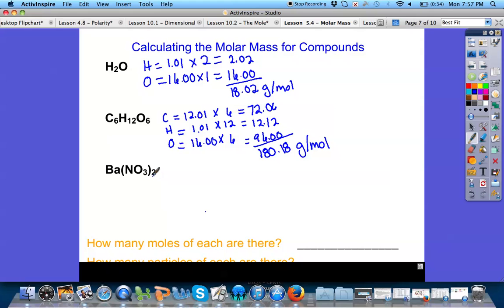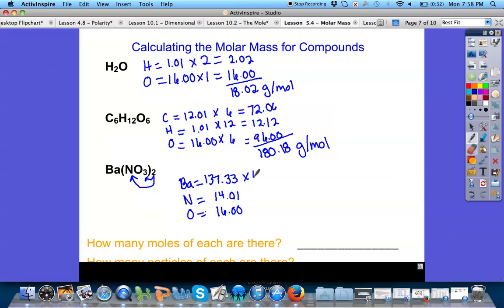Barium nitrate. The thing we need to remember here is that this 2 is distributed in. So we have barium, nitrogen, and oxygen. Barium is 137.33. Nitrogen is 14.01. And oxygen is 16.